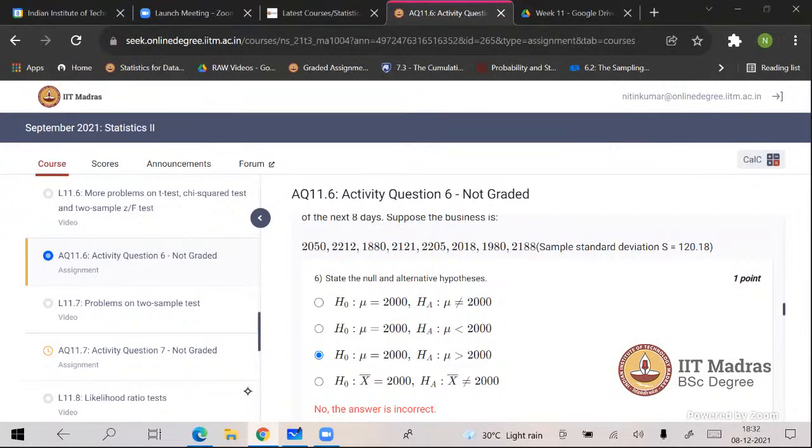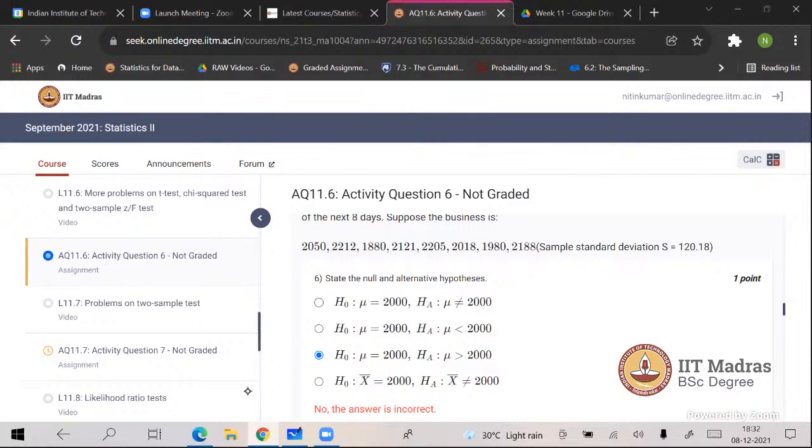For proving your claim, you just do the sampling and do some analysis on that, right? Okay, so null hypothesis is one which is supposed to be true, which by default is true. But you have some suspicions about that. So when we reject the null hypothesis, that means our assumption, the default, is wrong.